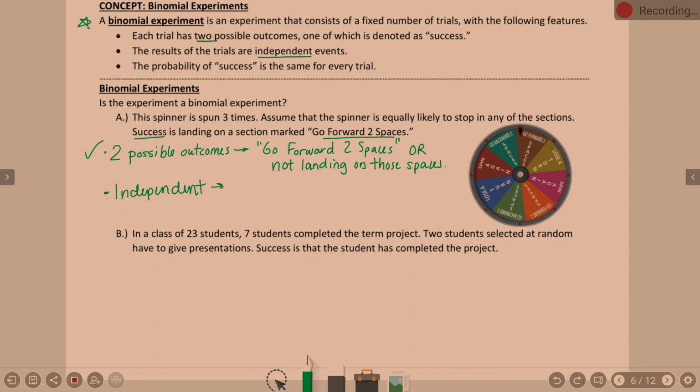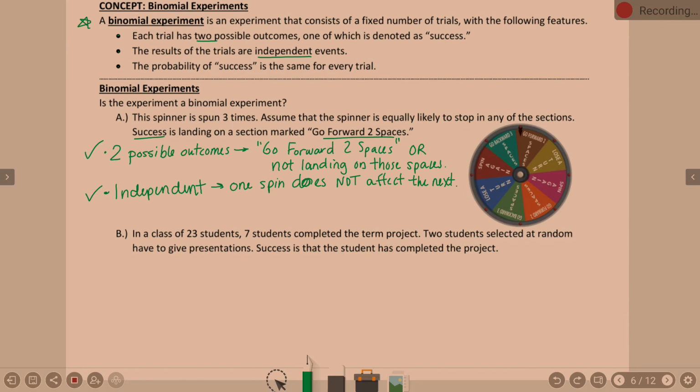No. What happens the first time does not affect the outcome of the second time. So that means that these are independent events. One spin does not affect the next, is what I'm going to write. Okay, so we can check the box that they are independent of each other.